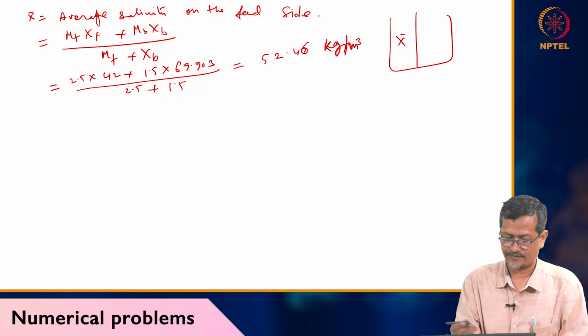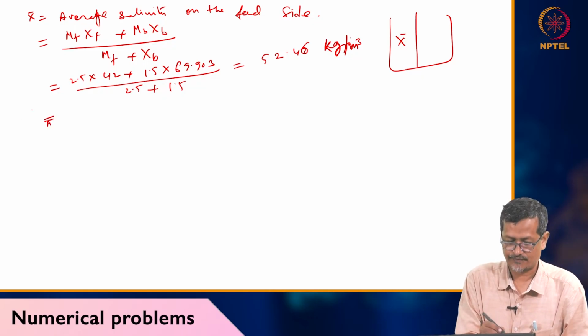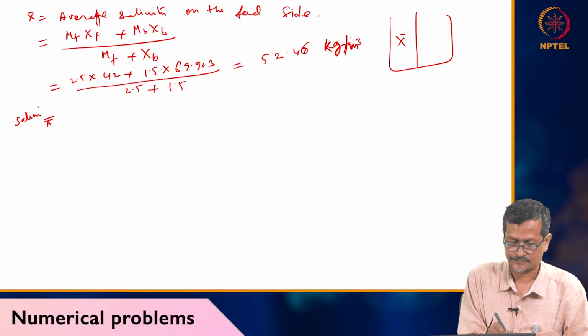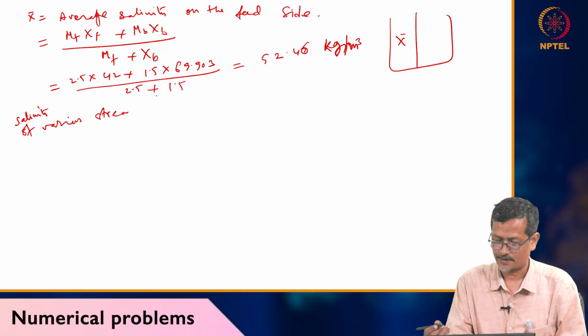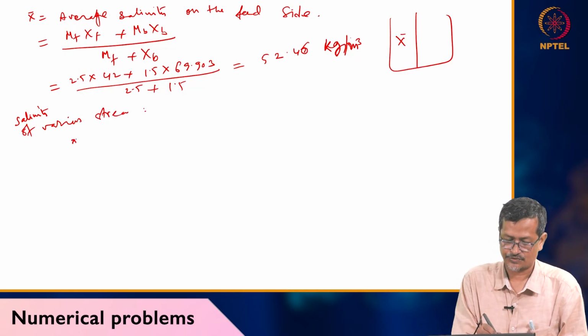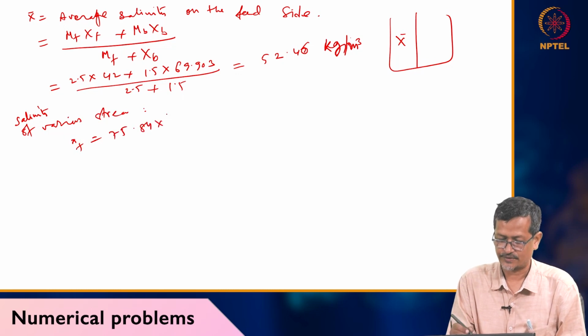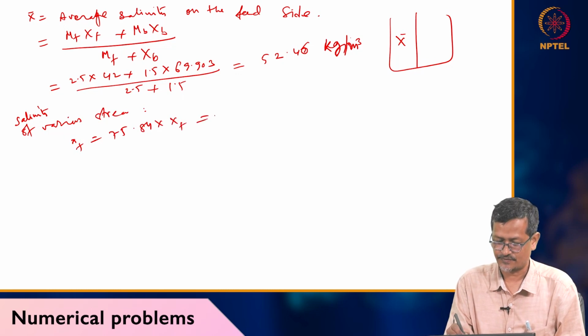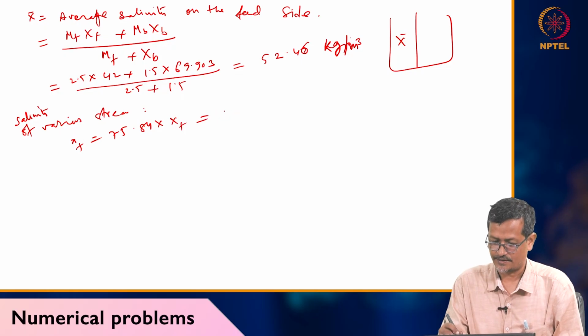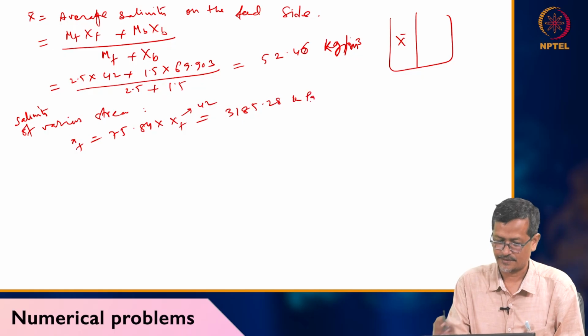Now salinity of various streams, to calculate osmotic pressure. So pi f equals 75.84 times Xf. Already told that we can approximate like this. Xf value 42, so it is coming 3185.28 kPa.